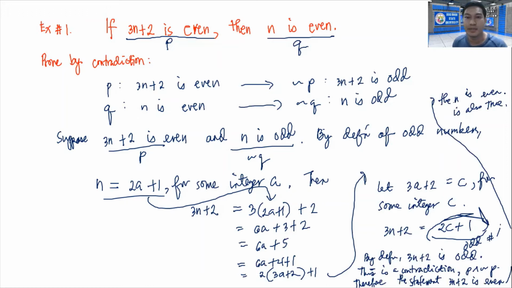So I think we're done with the proof by contradiction. So you can have this as an example.